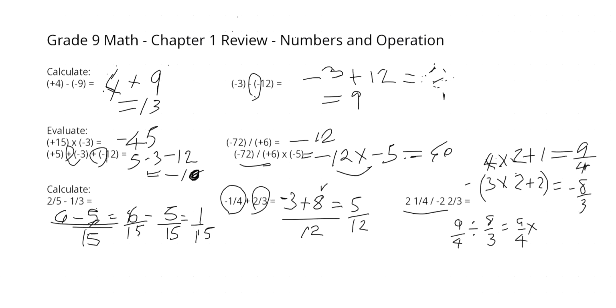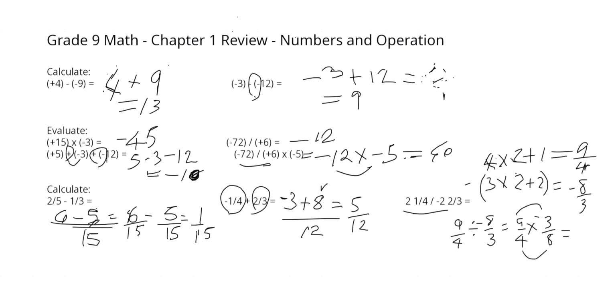As you can see, the reciprocal of 8 over 3 is 3 over 8. And then the only thing left to do, we're just going to multiply the numerators and multiply the denominators. So 3 times 9 is 27, and now it's negative 27. And then we have 4 times 8 is 32. So there is your answer.